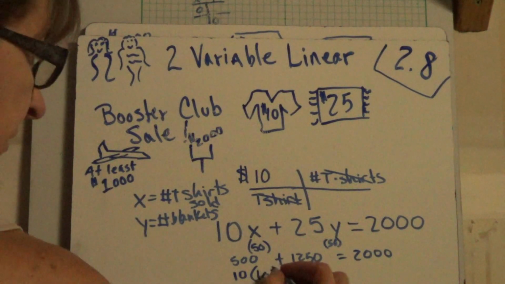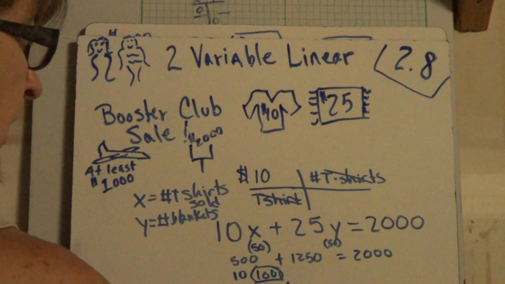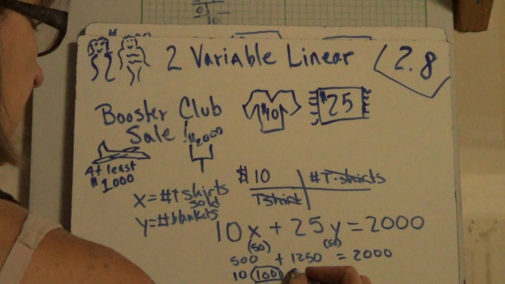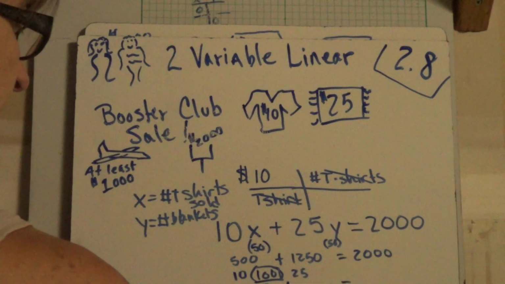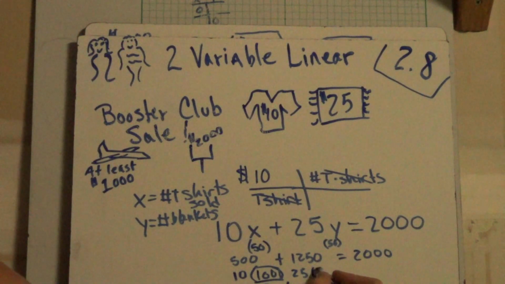So you can tell them, well, if you order 100 t-shirts in order to make our goal, how many blankets do we need? Well, we need to make 1,000 there as well. So you would end up needing 40.